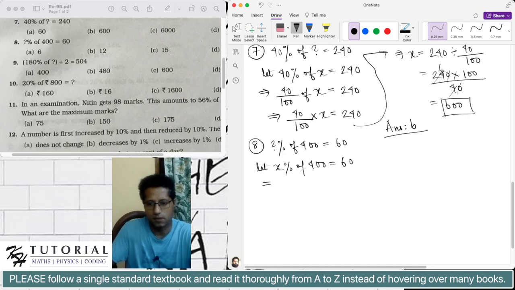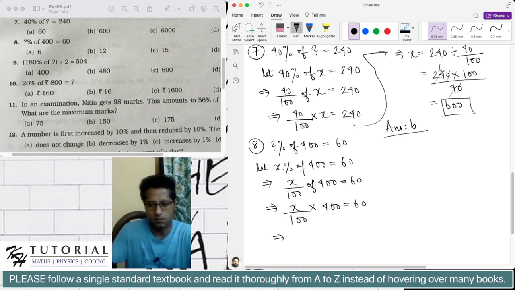This implies x percentage of 400, where x percentage means x by 100. So x by 100 of 400 is equal to 60. The of operator means multiplication. So we have x by 100 multiplied by 400 is equal to 60.